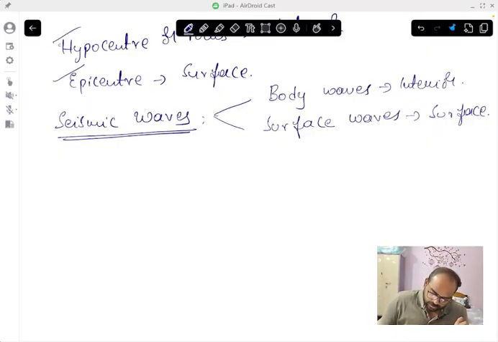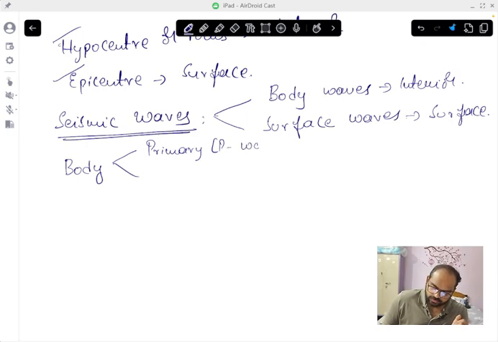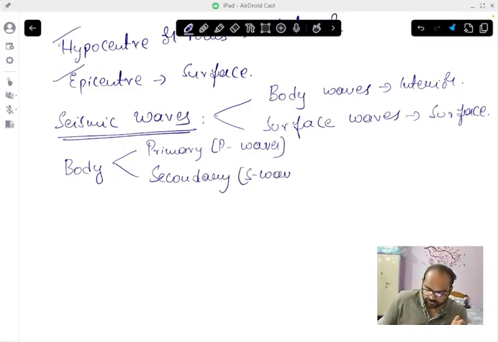Again, these body waves are divided into two: primary, denoted as P waves, and secondary, denoted as S waves. And surface waves are also divided into two types based upon the movement of the material.